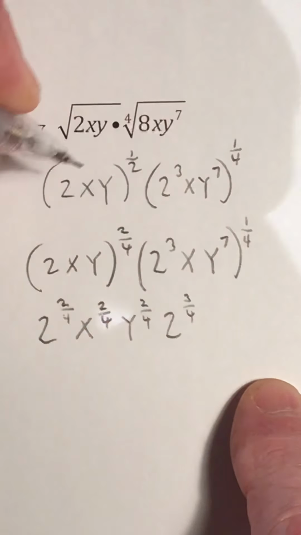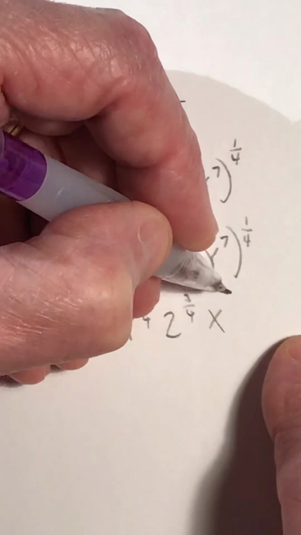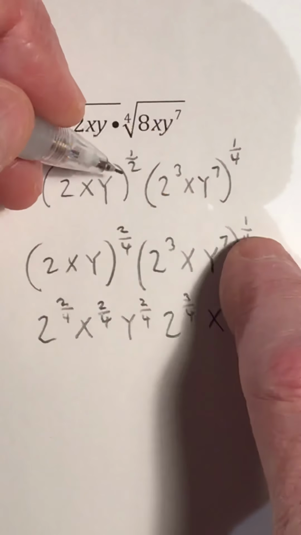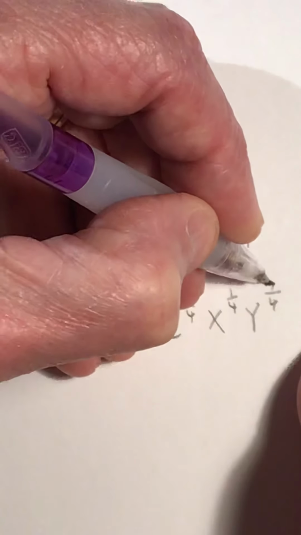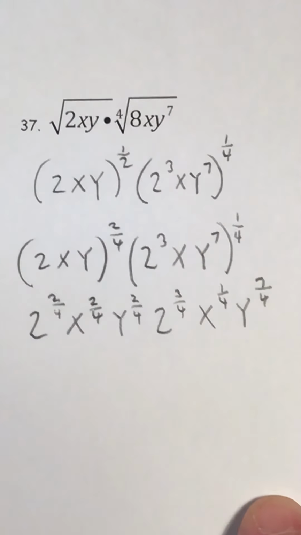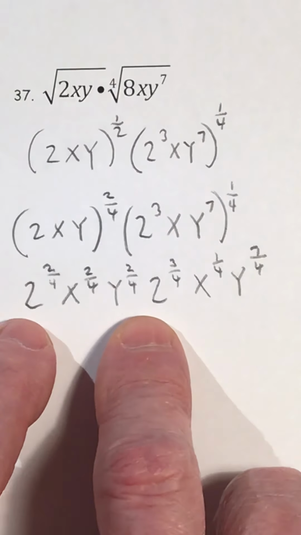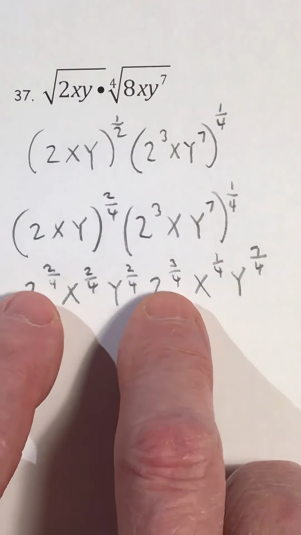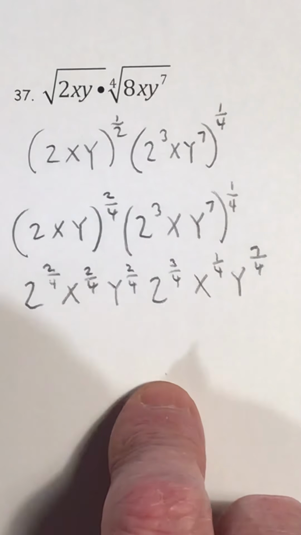I don't need the parentheses anymore. X to the 1/4. And y to the 7/4. Next, I can multiply 2 to a power times 2 to a power by adding the exponents. 2/4 plus 3/4 is 5/4.